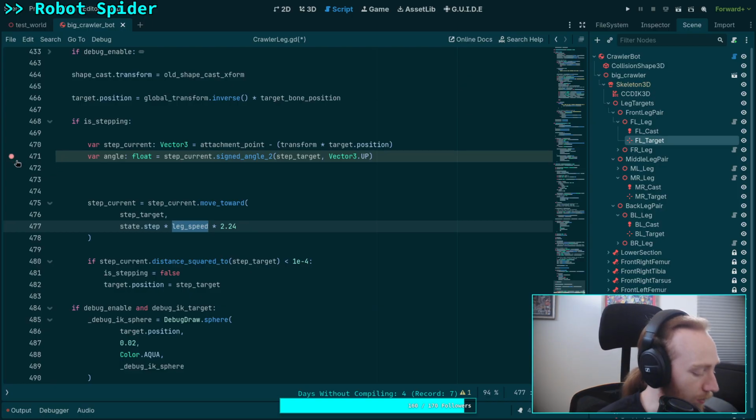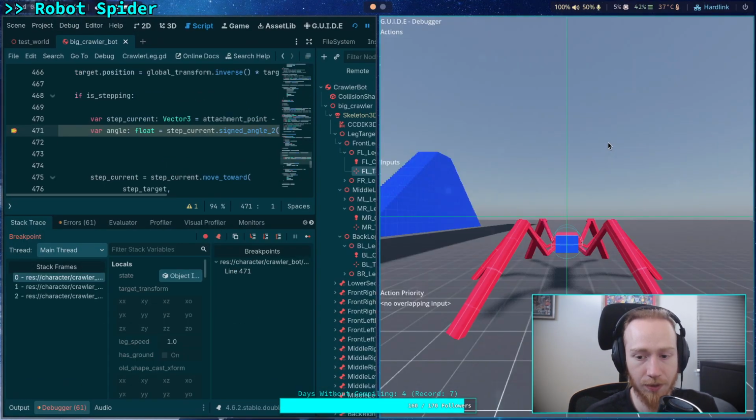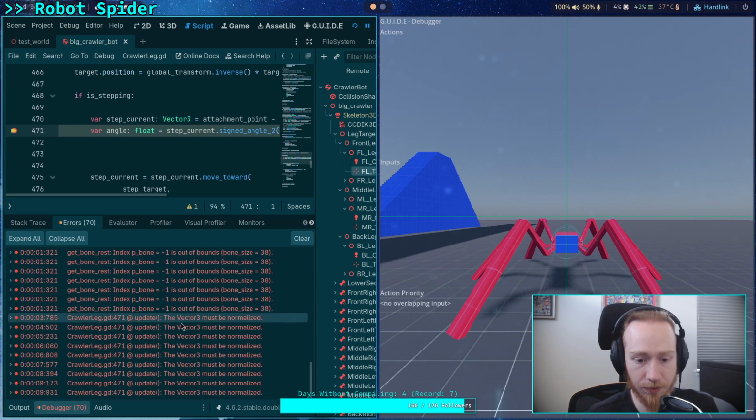Alright. Well, I want to see what the first one is. It shouldn't. I was going to say it shouldn't. There's an error printing every time. The vector must be normalized.